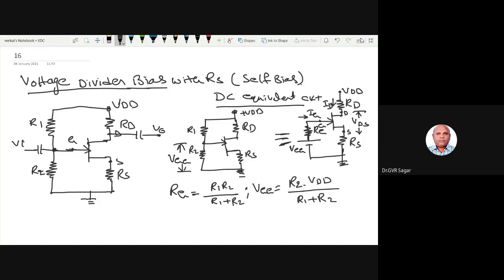When I write the input KVL, VGG equals, earlier we said that VGG is a negative voltage. Here it is not showing, but it is a negative voltage.